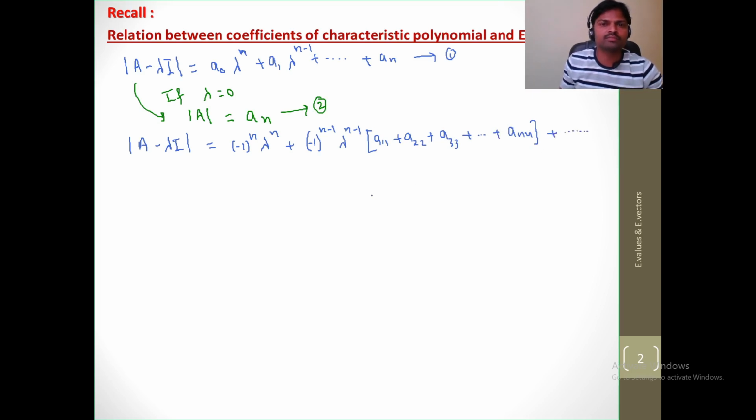This kind of coefficients we got, and assume this is number 3.